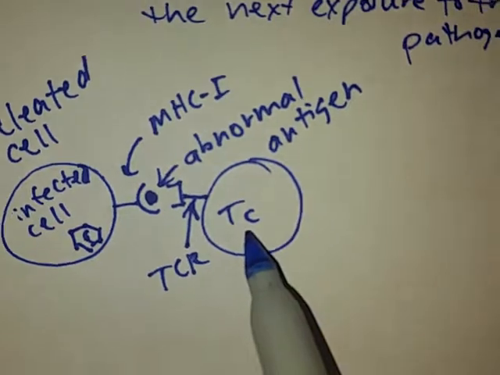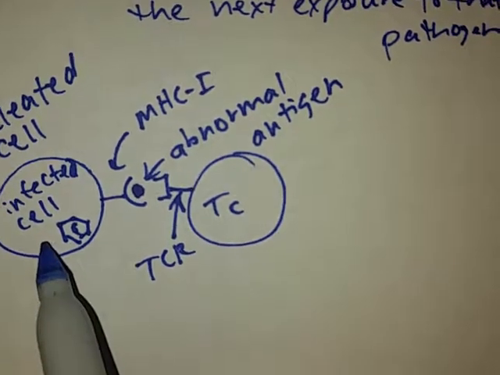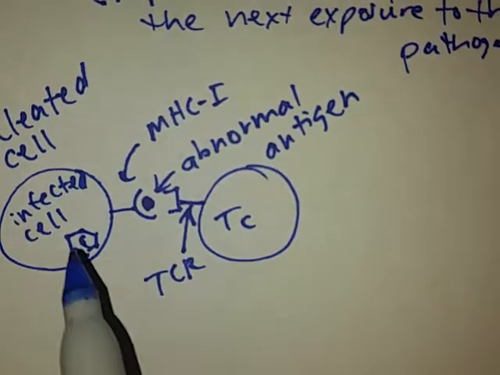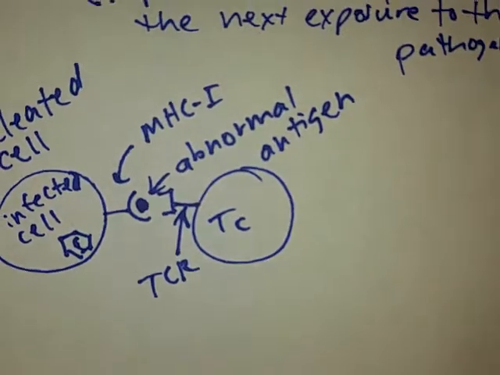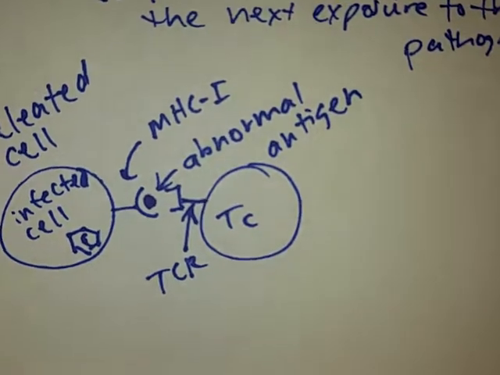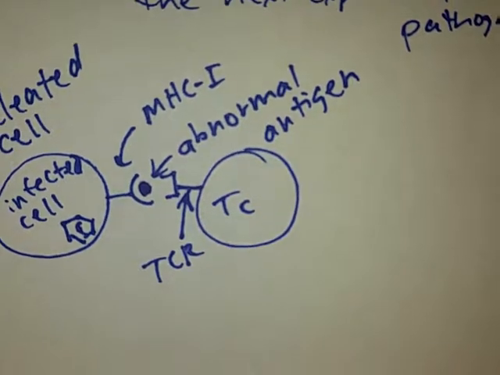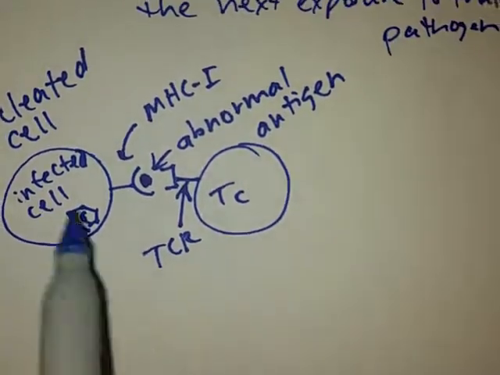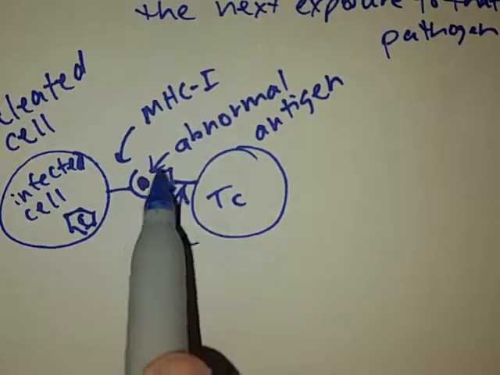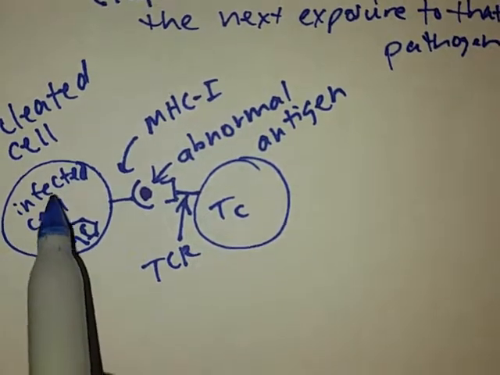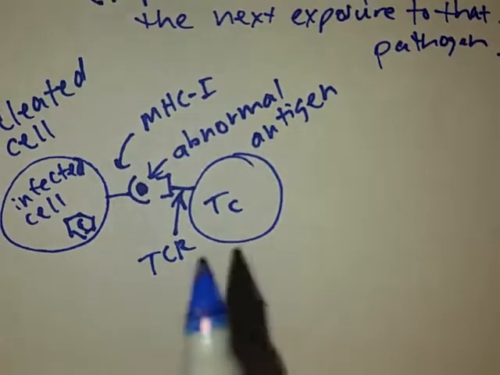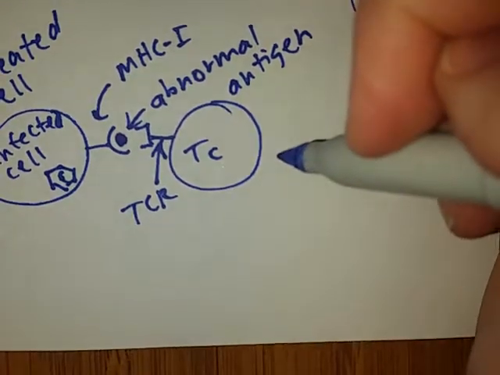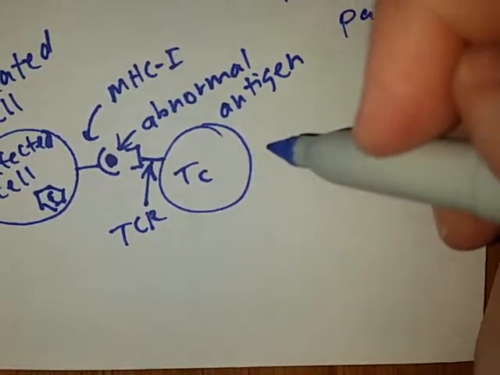And at this point, the T cytotoxic cell is like, well, if we let this cell keep living, it's probably going to cause damage. If there's a virus, once that virus gets out, it's just going to infect hundreds of healthy cells. So it decides it's just going to go ahead and kill it off. So the T cytotoxic cell, when it becomes activated by encountering abnormal antigen presented to it by MHC1 of a nucleated cell, is going to become what's called a T cytotoxic lymphocyte.